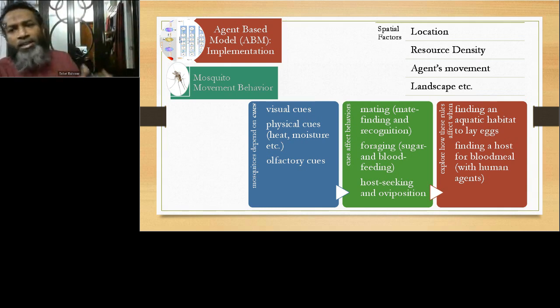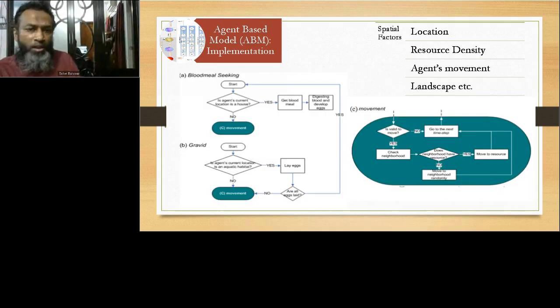And when it has different resources, it behaves differently within the resource. In the next slide, I will give a simple flow chart where this will be clear for you. For example, in the blood meal seeking stage, it wants to go to a particular home of a human habitat, and it will try to have a blood meal by biting a particular human.